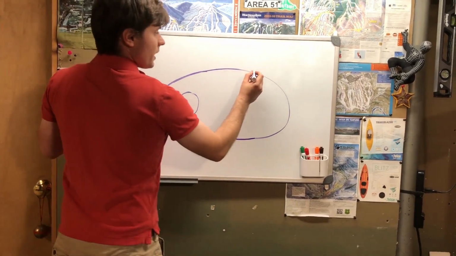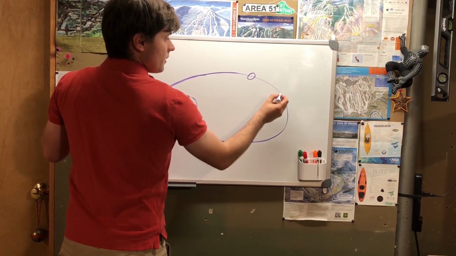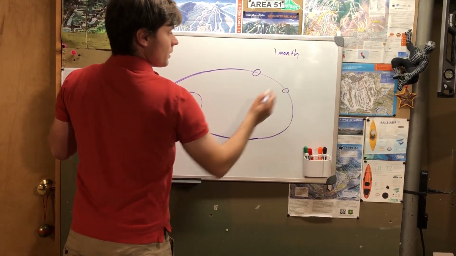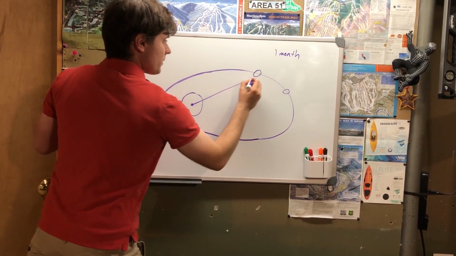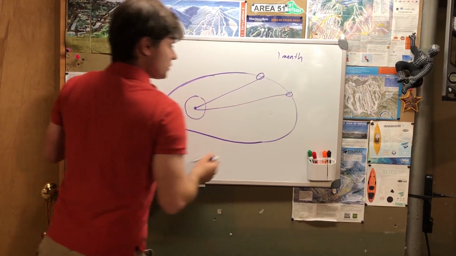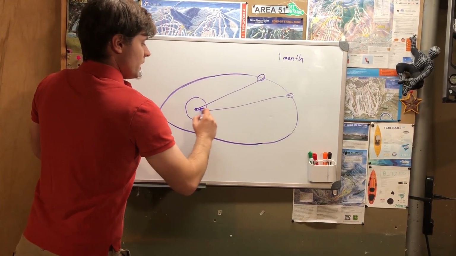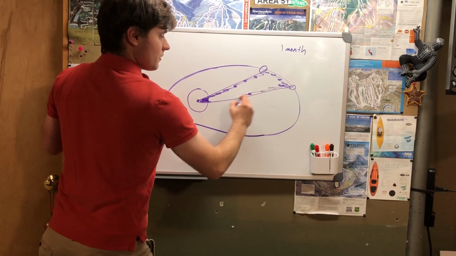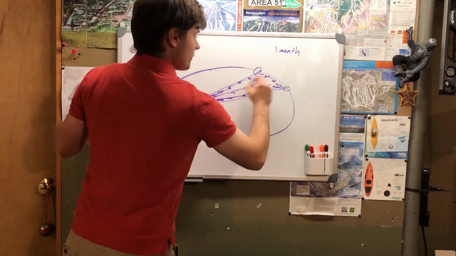So let's say the Earth moves from here to here in 1 month. Okay? If you were to connect from the center of the Sun to each of these positions just like that, the Earth would have swept out this area right here.